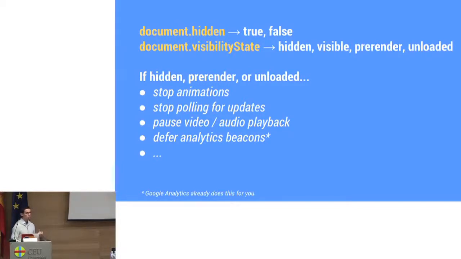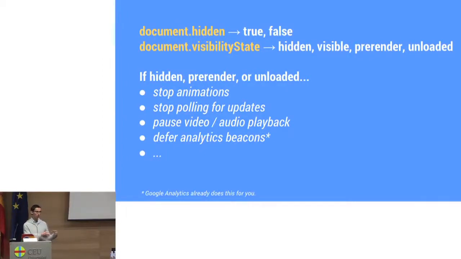So modern browsers do a lot to try to optimize page loads. So they will even do things like pre-render a page in the background. Like think of a hidden tab in your browser. We will pre-render the page there, including executing JavaScript and all the rest. And we allow you to detect that that's happening via this API. So if you're firing your analytics beacons or making state modifications to your page while it's in the background, that's probably a bad thing.